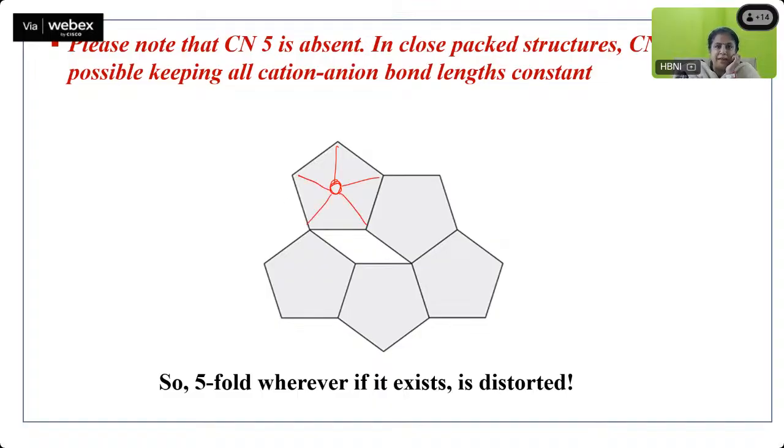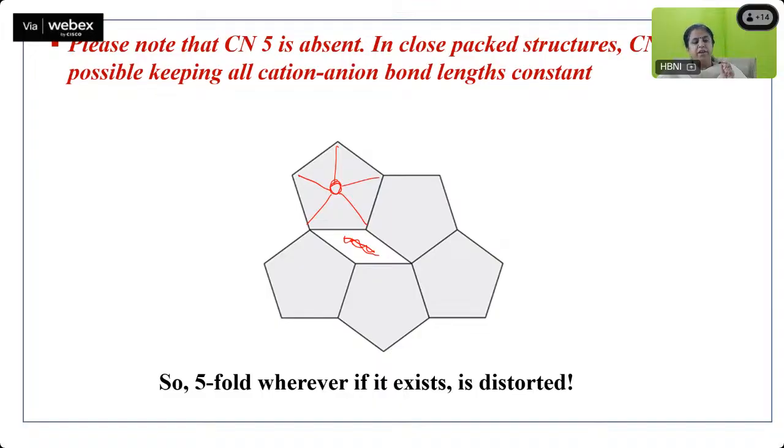But with pentagons, if you take pentagon tiles, you cannot fill up the entire space. You will always have these empty spaces. If you try to make a distorted pentagon, where some bonds are longer and some are smaller, then it is possible to make space-filling polyhedra with pentagons.